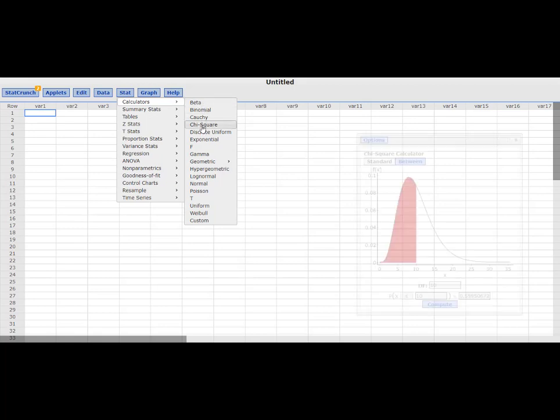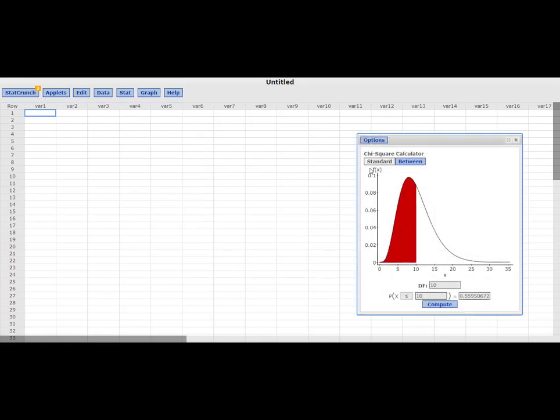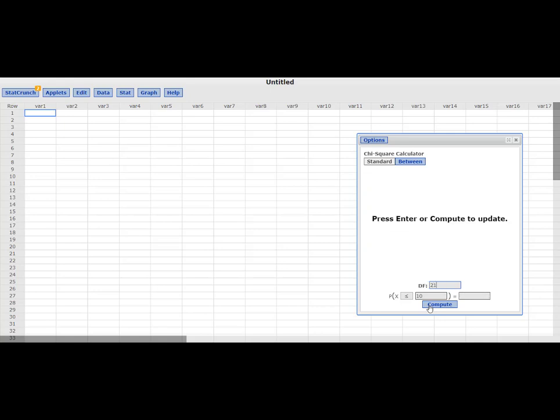I'm going to go here to chi-squared, the standard, and I'm going to put in my degrees of freedom. Remember, we had 22 individuals in our data set, so our degrees of freedom would be 21.